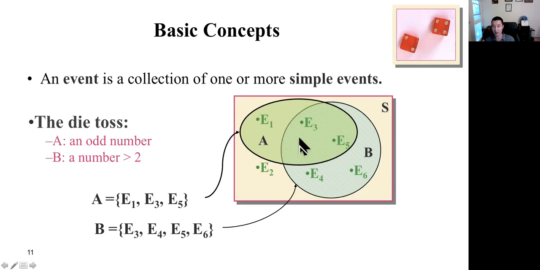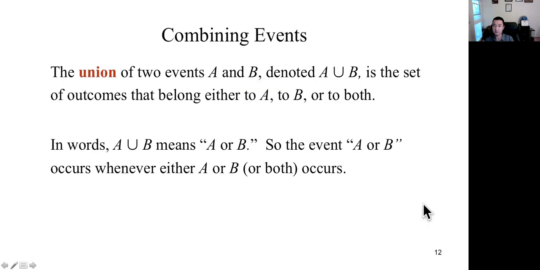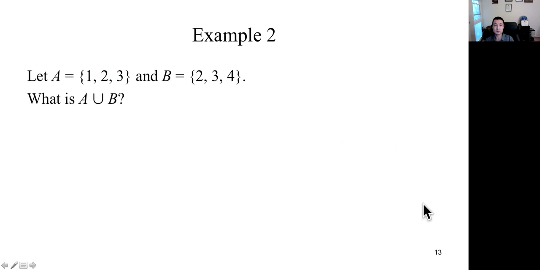So A and B equals E3 and E5. Any questions so far about intersection and union? These two are very important concepts.